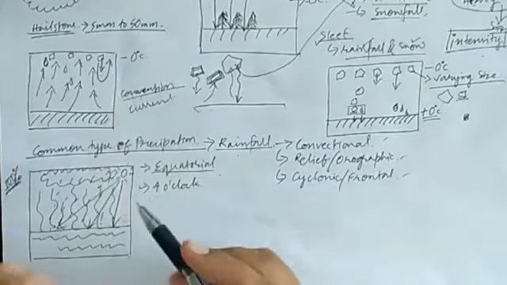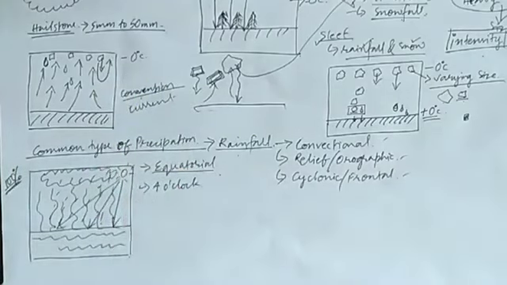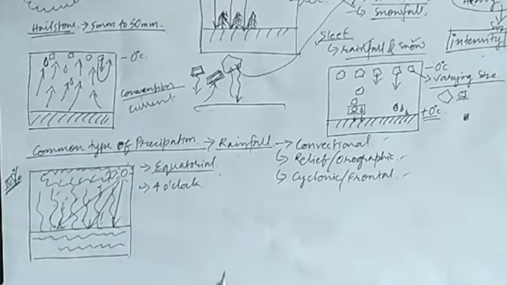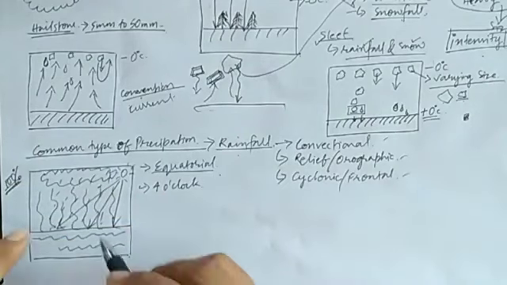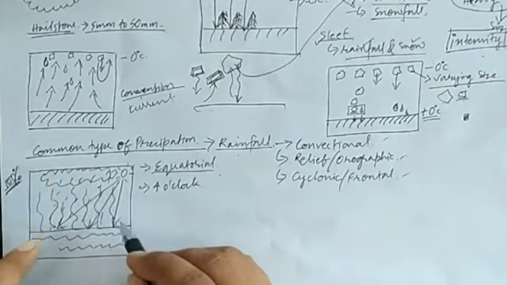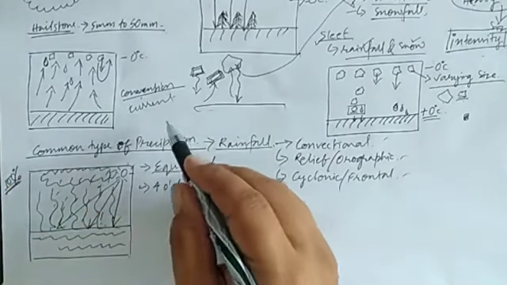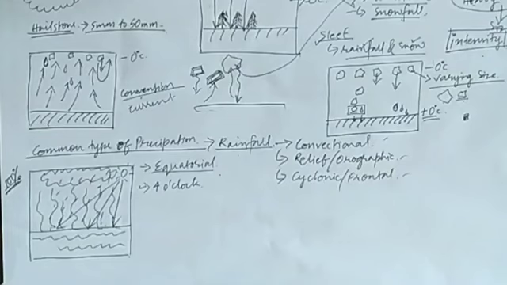Vertical rising of the air is convectional current, if you remember, and the horizontal air is termed as wind, isn't it? So here it has occurred due to the vertical rising of the air, so it is termed convectional rainfall.